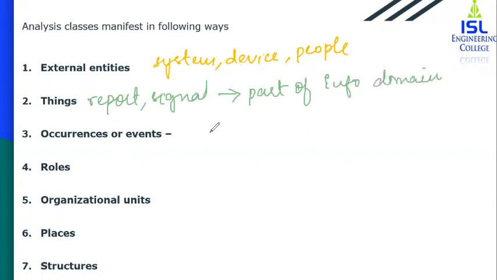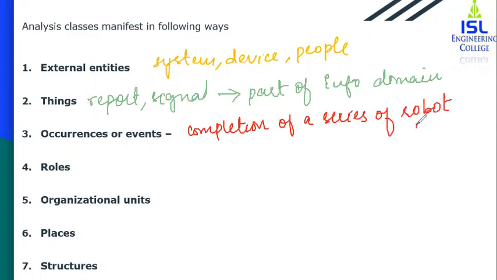Then the next is occurrence of an event. An occurrence of a particular event means, for example, if you're developing a robotic application, then the completion of a series of robot movements becomes an occurrence of an event.